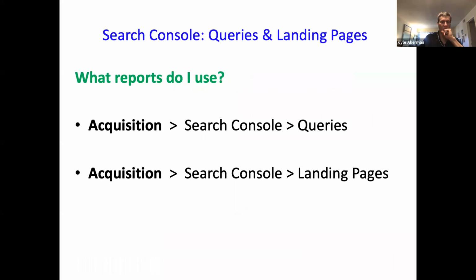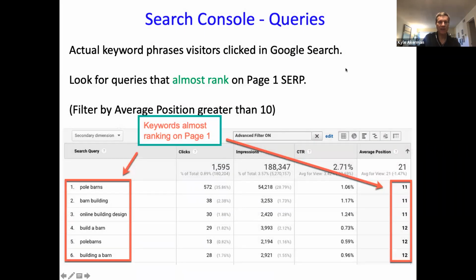So here are the reports. Once you've connected these, you're going to go into Acquisition, Search Console, and then Queries, or Acquisition, Search Console, Landing Pages. I'll show you one of these reports. This is the query report, and the first column has actual keywords that people clicked, because you can see this first column is clicks, here are impressions, and here is the click-through rate.